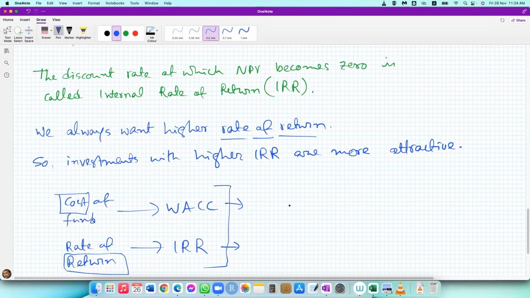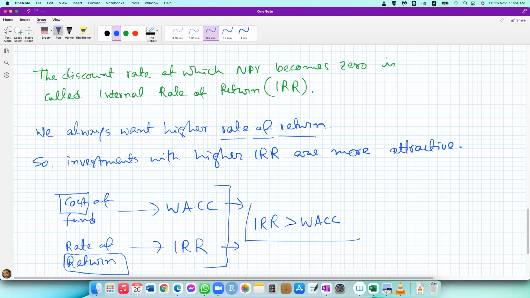Yes, sir. We should compare before we make the investment. So we should always make sure that the rate of return is greater than the weighted average cost of capital. This is the decision criteria.